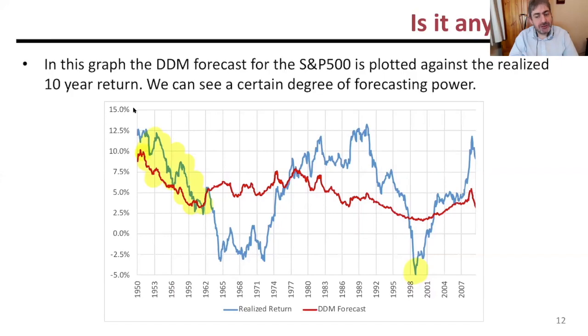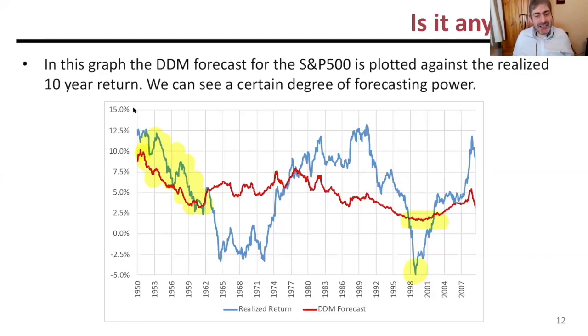The market lost 5%. Now, this methodology was telling us, hey, look, returns are going to be low, around 2.5%, but not negative. So this methodology didn't guess the negative return between 99 and 2009. So when there is an extreme market movement, this methodology fails. Okay, we're going to see how we can fix this later.